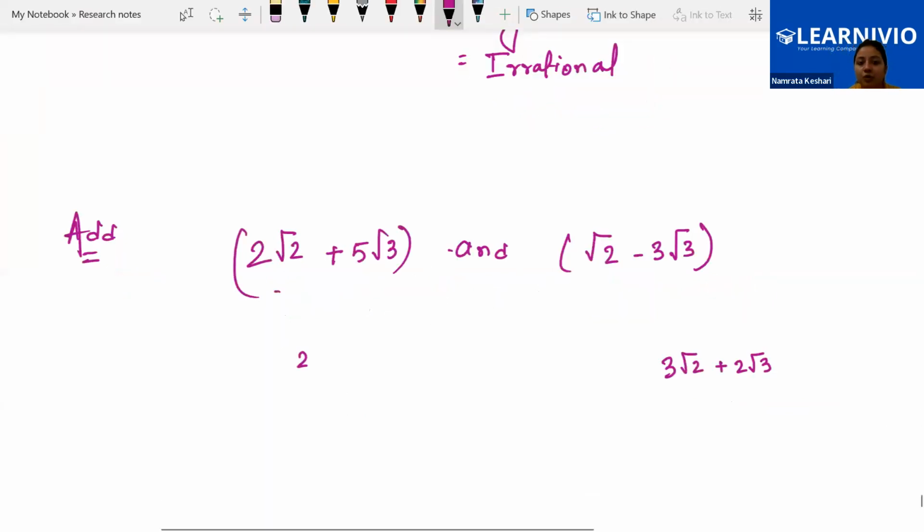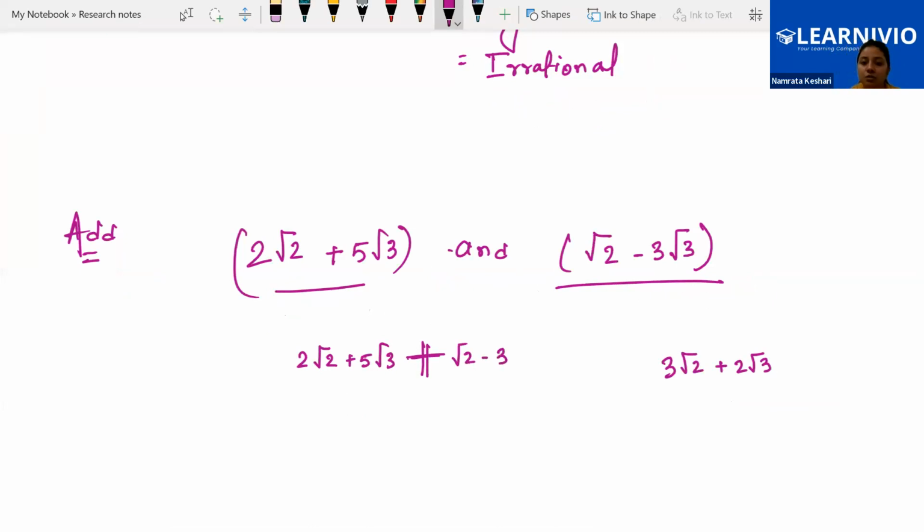So if we have to add these two terms, both are irrational. So we have 2 root 2 plus 5 root 3, plus, as we have to do addition according to the given instruction, root 2 minus 3 root 3. Root 2 terms are like terms.